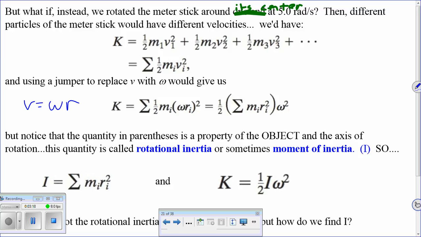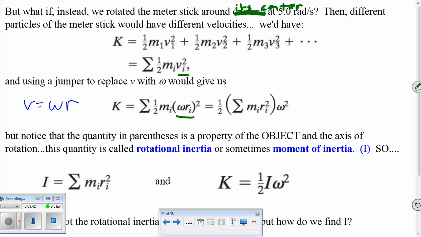So my v_i squared becomes omega times r_i squared, right? Follow? It's just a simple substitution. I replaced v_i with omega times r_i. In other words, if I want to look at this particle, I'm going to multiply the angular velocity of the meter stick by this radius, and that would give me the velocity of that particle, right?